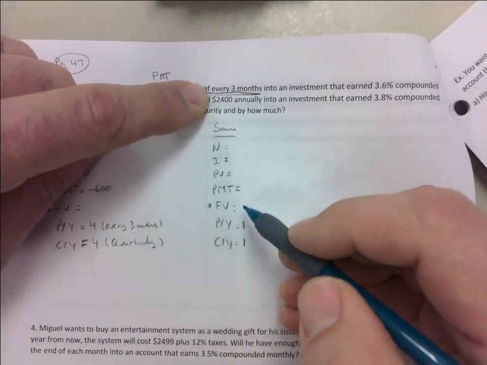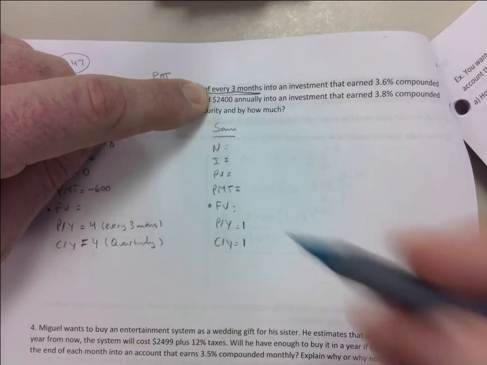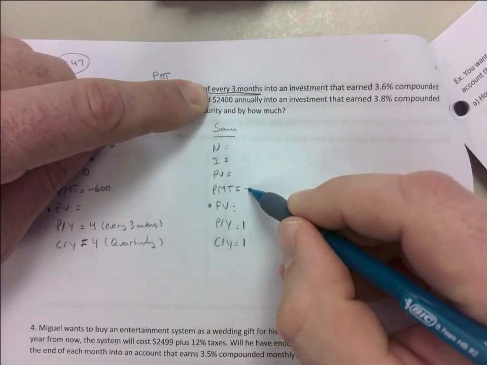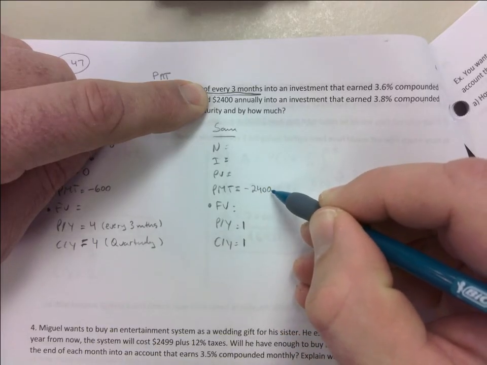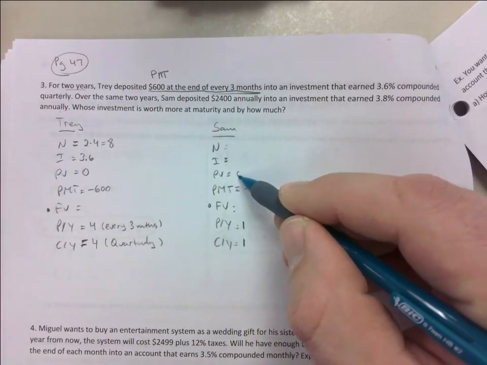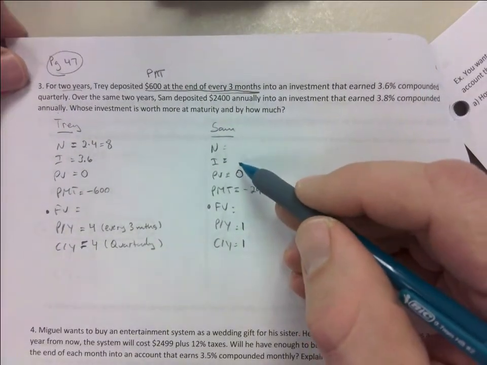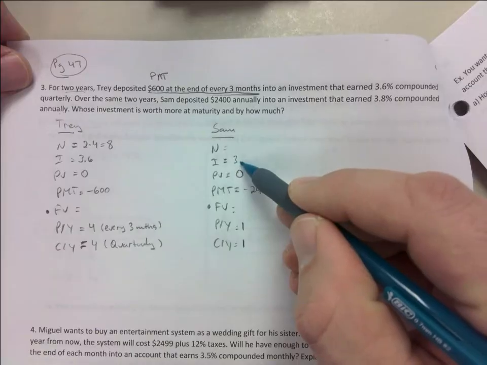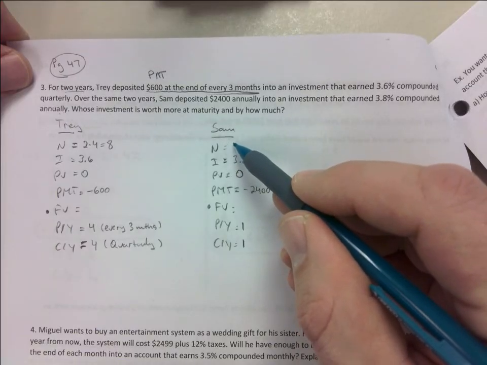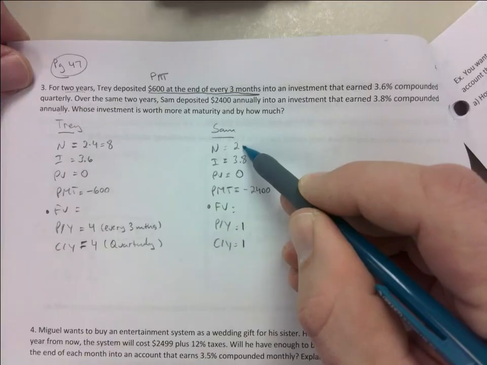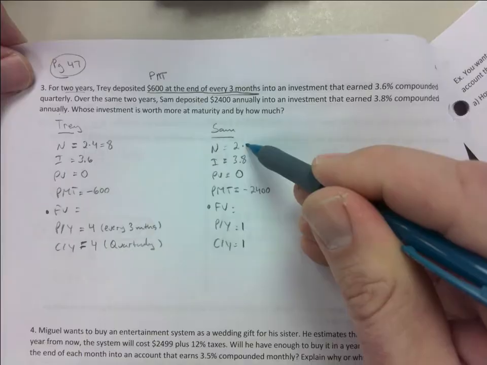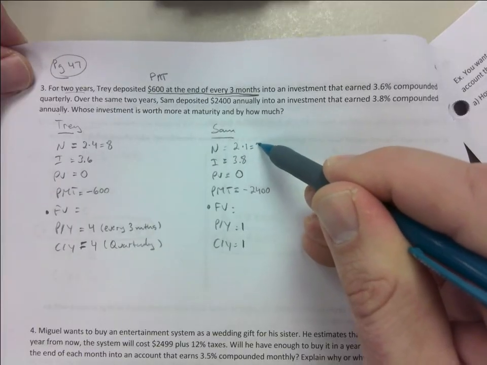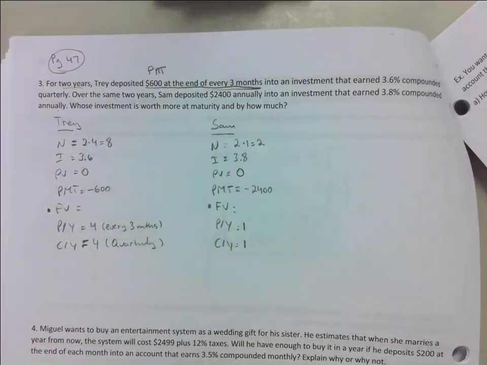Where do I put the $2,400, Mr. Durskins? It's a big amount. It goes into the payment because it's happening every year. It's a regular thing that's happening. So in this case, there is nothing deposited at first. Interest is 3.8. It's a 2-year investment as well, right? It says over the same 2 years. So 2 times P/Y is just 2. There you go. And we solve for both.